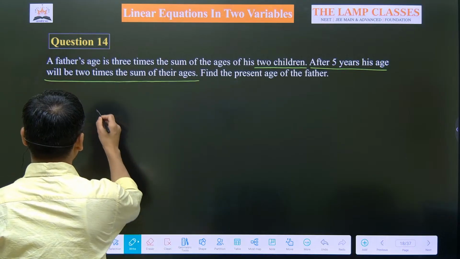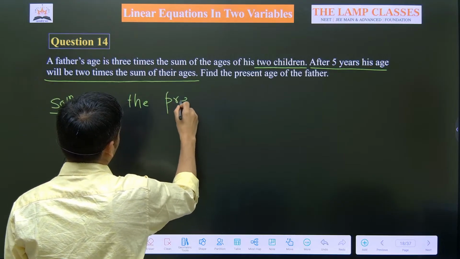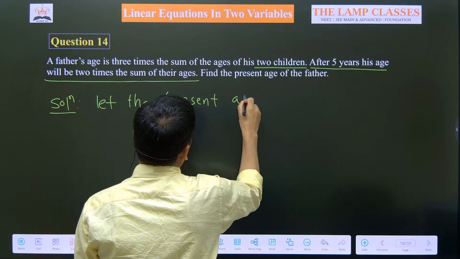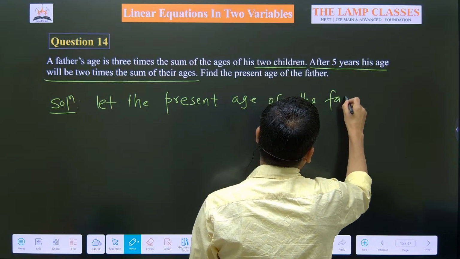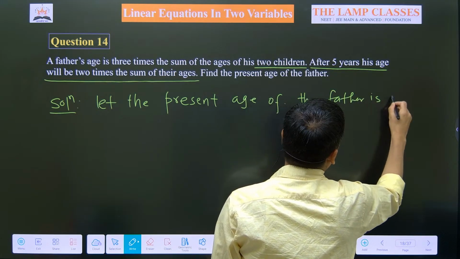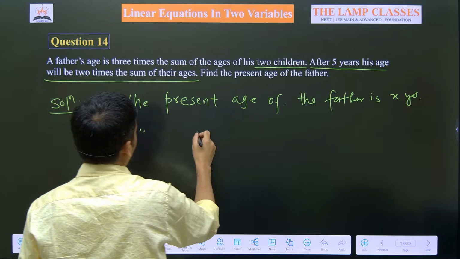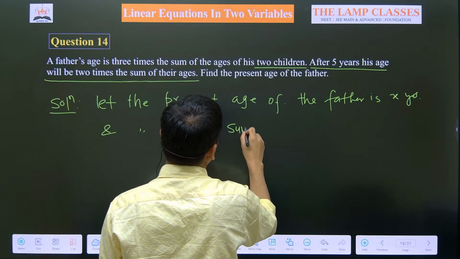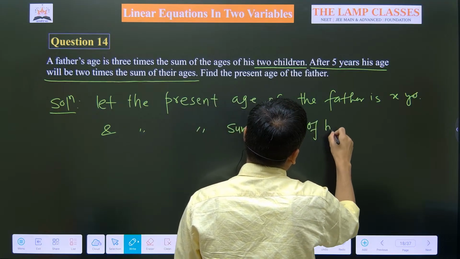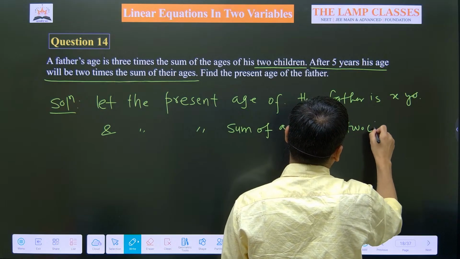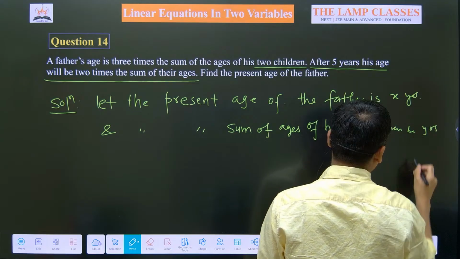So we can let the present age of the father be x years and the present sum of ages of his 2 children be y years.